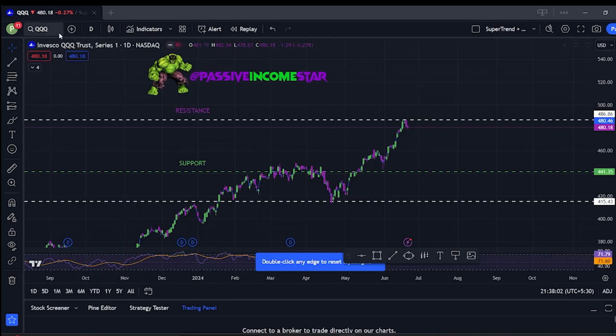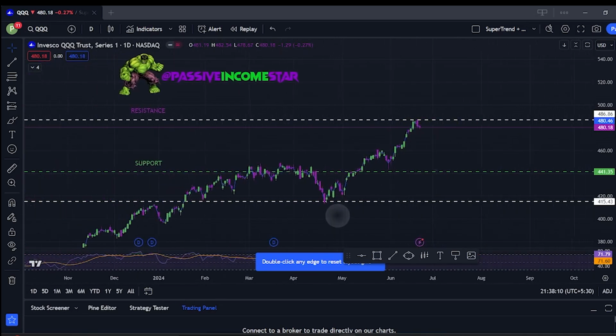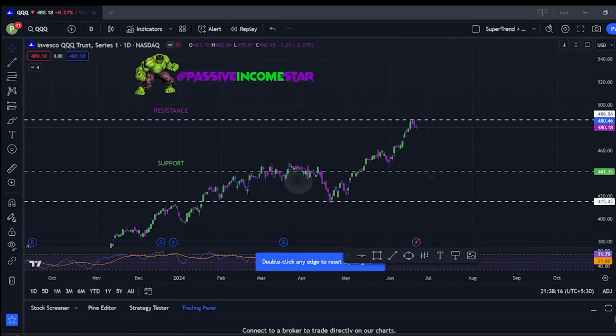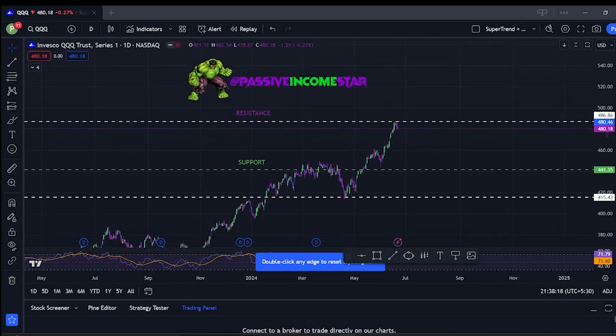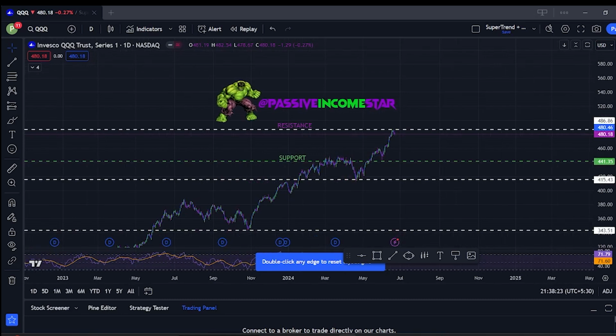So we have QQQ here pulled up on the daily chart, right? Which simply means that every candle that you see on this screen represents a day. Ideally, if you are day trading, if you're swing trading, what you want to be doing is you want to be on a higher time frame.